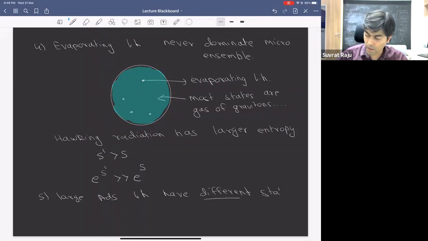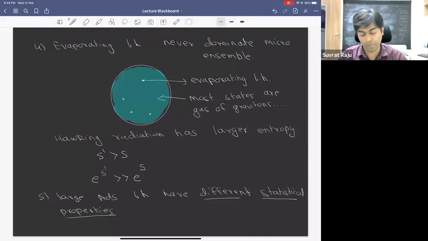The puzzles that we are going to find below have to do with these distinct statistical properties. That's the reason we did not encounter these puzzles in our lectures so far, because we were always interested in asking questions about evaporating black holes. And evaporating black holes just do not have this property of dominating the ensemble, which large AdS black holes do. And so this is what is going to lead to puzzles.